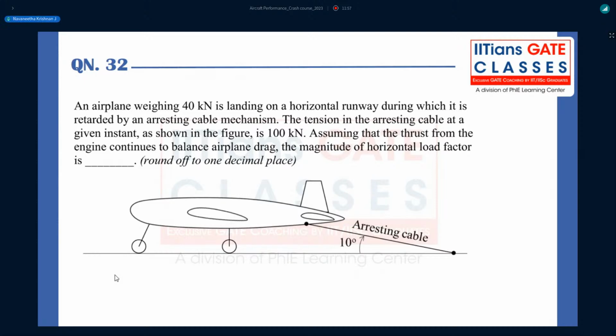The tension in the arresting cable at a given instant, as shown in the figure, is 100 kilonewton. Assuming that the thrust from the engine continues to balance airplane drag, the magnitude of horizontal load factor is dash.